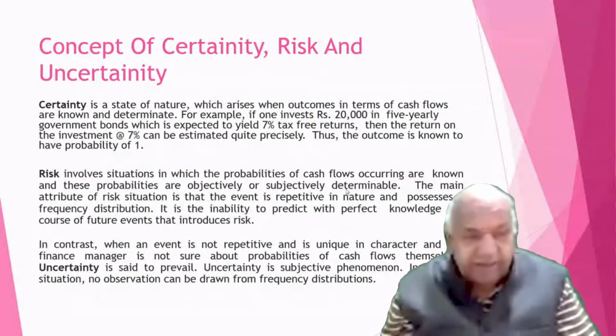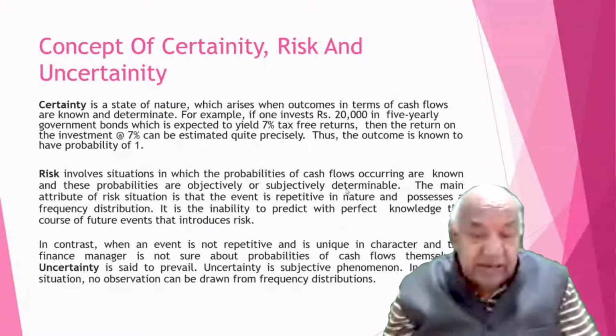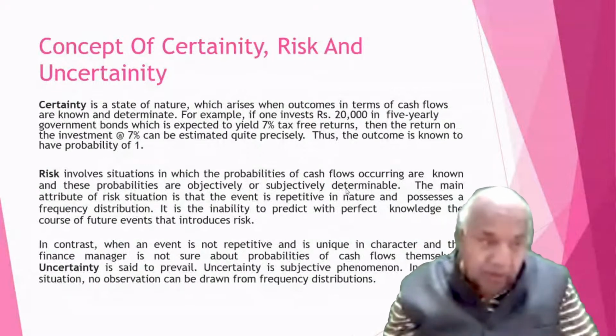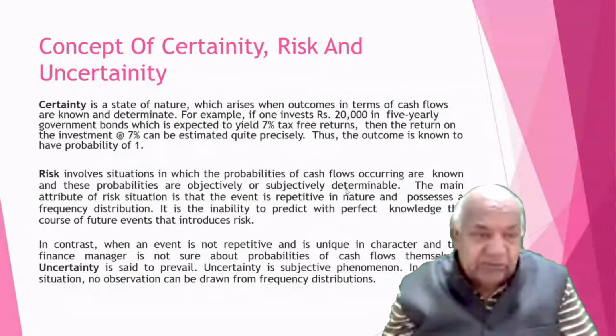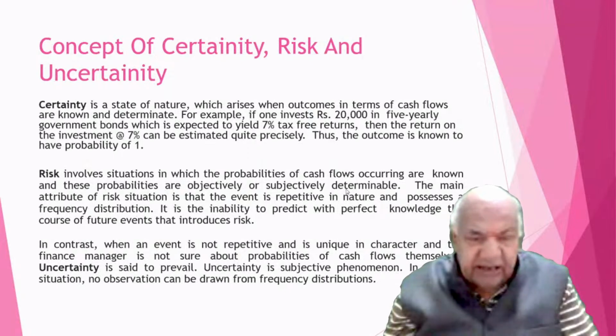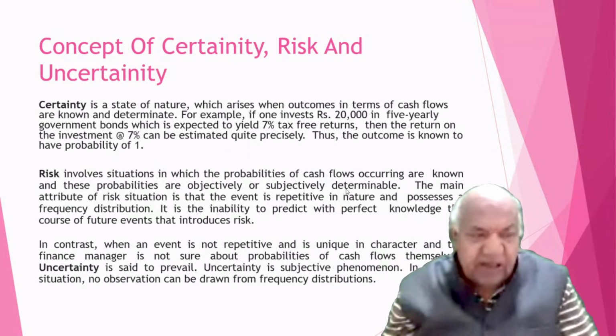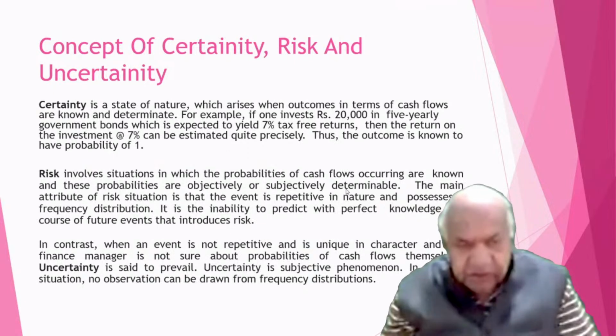This is certainty. Risk involves situations in which the probabilities of cash flows occurring are known, and these probabilities are objectively or subjectively determinable. The main attribute of this situation is that the event is repetitive in nature and possesses a frequency distribution.